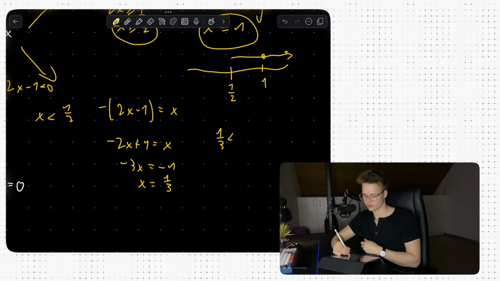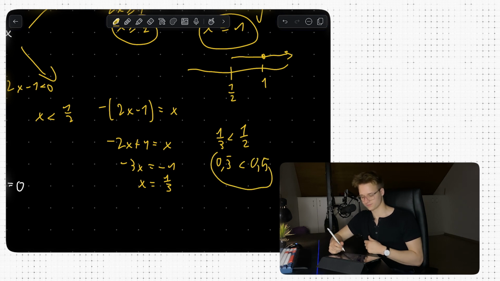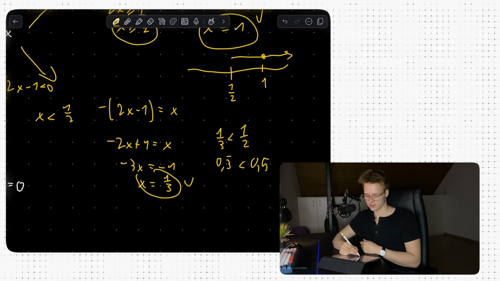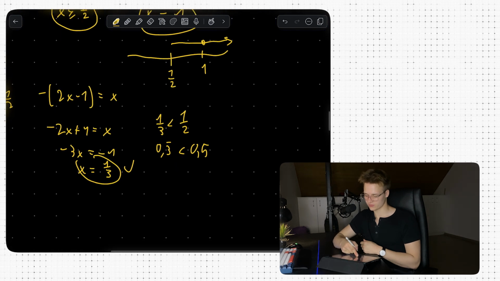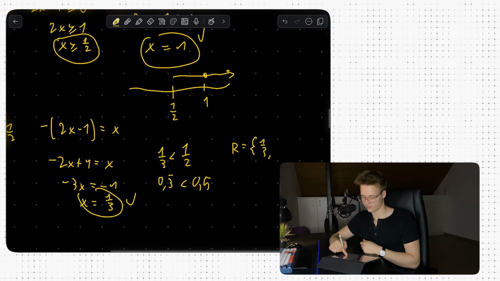Is 1/3 less than 1/2? Yes, it is. Okay, because this is 0.3 periodical and this is 0.5. So this is okay. This solution is also valid. So we would write that our solutions are 1/3 and 1.